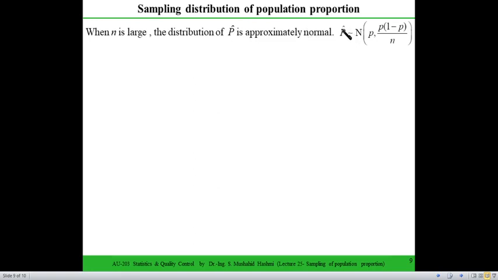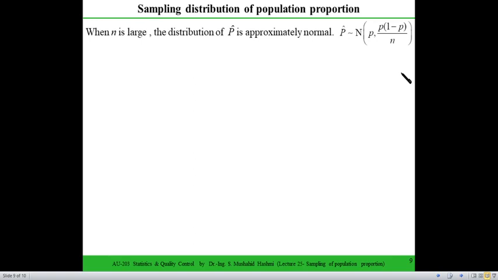So the sample proportion is normally distributed with the mean equal to the probability of success p, and variance p times (1 minus p), which is q, the probability of failure, divided by n. And if we take the square root, it will be the standard deviation.